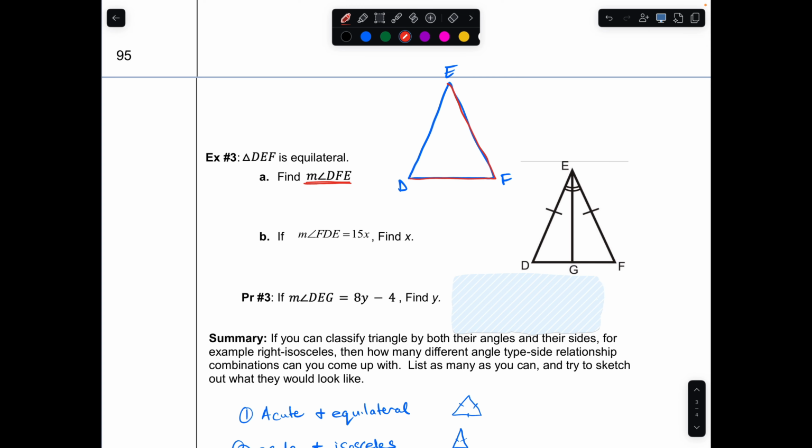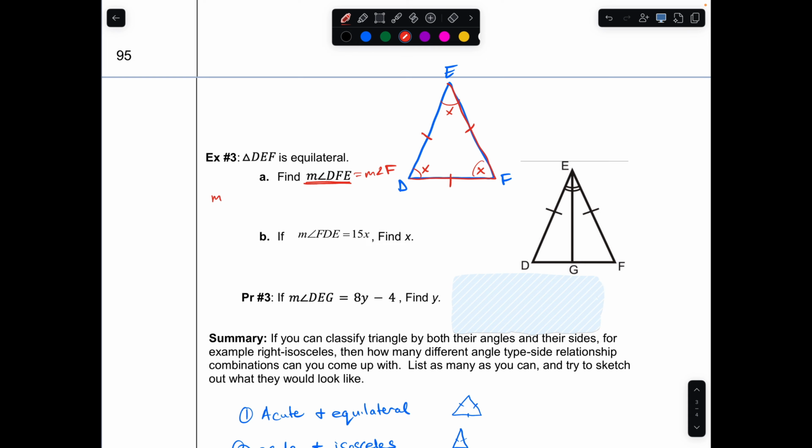DFE, that's this angle right here. So really, we could just call that the measure of angle F, right? That's the vertex of the angle we're trying to find. But since this is an equilateral triangle, all three of these angles have to be the same number of degrees, have to be congruent. So they're all x degrees.